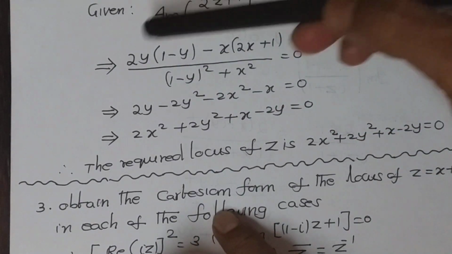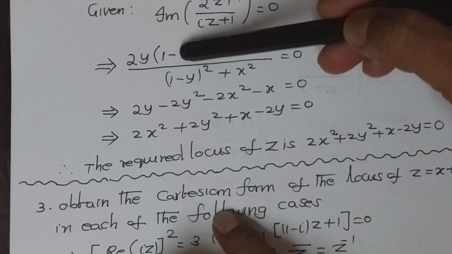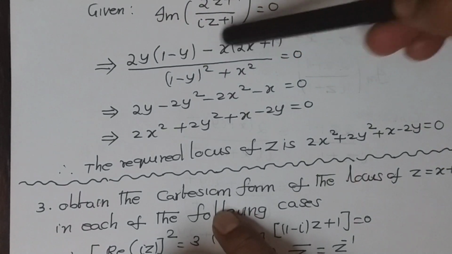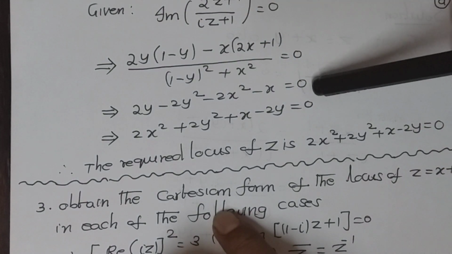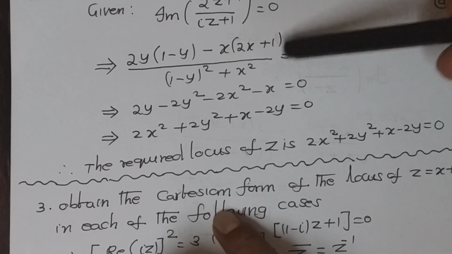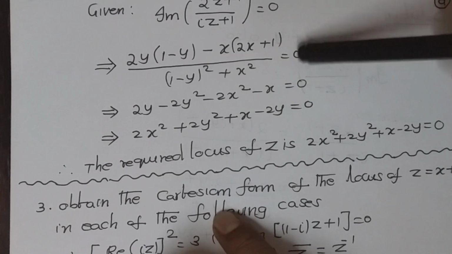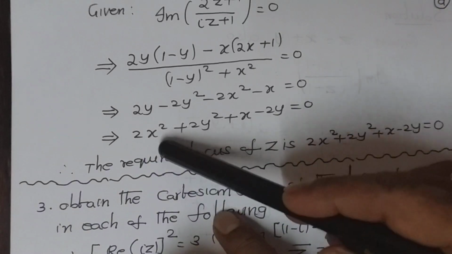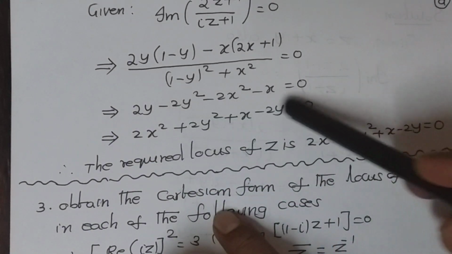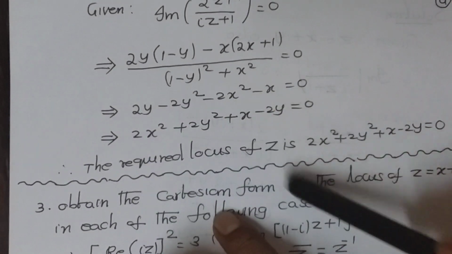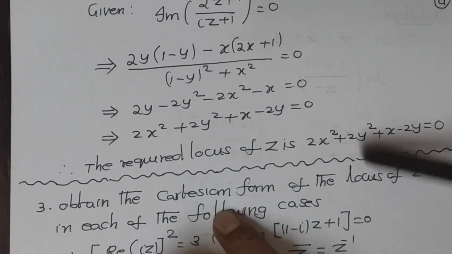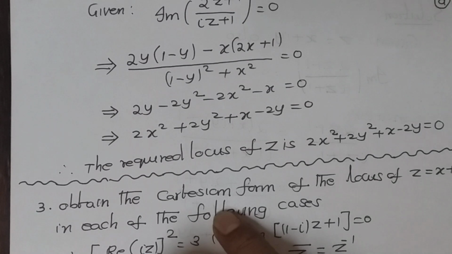Then you take only the numerator: 2y into 1, 2y minus 2y square minus 2x square minus x is equal to 0. One step you can do extra also, otherwise directly you can put, that is up to you. Then if you multiply by the negative side, 2x square plus 2y square plus x minus 2y is equal to 0. So this is the required locus equation of z, or locus of z.